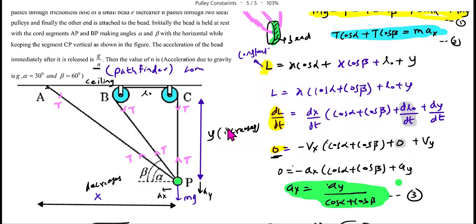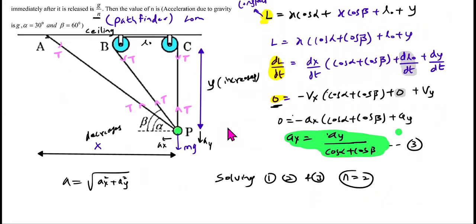The bead will move in a plane, so the resultant acceleration of the bead is given by this. Write it down: it is equal to g by N, where N equals 2.